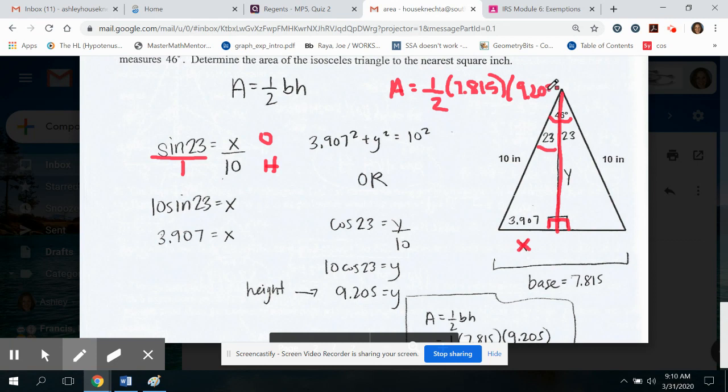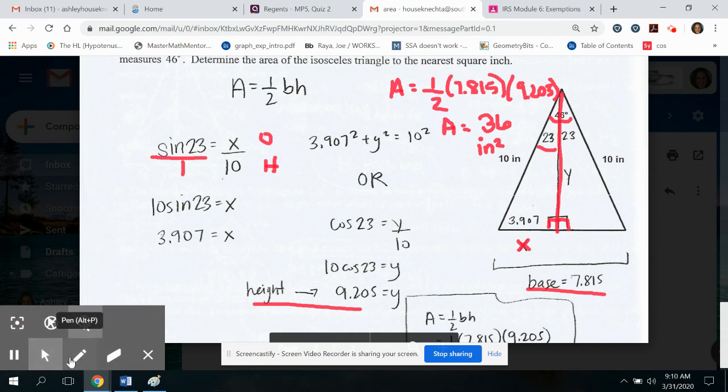There's a lot of numbers here, so that's why I like to label things as I go. And if you round that to the nearest square inch, I'll give the answer to you. I believe, I've got to look at my packet here. It's 36, yep. So I'll say it's 36 inches squared, rounded to the nearest square inch.